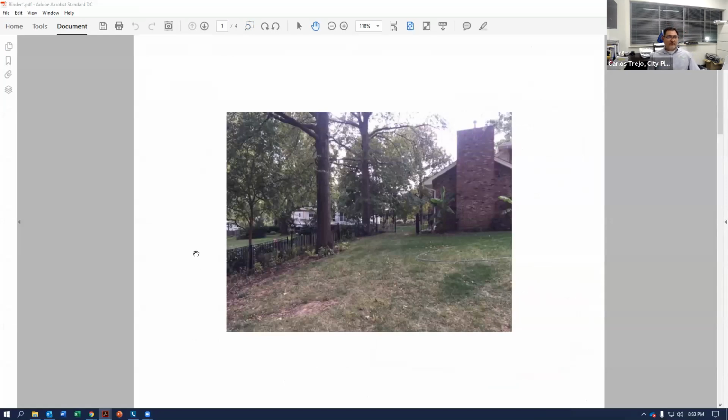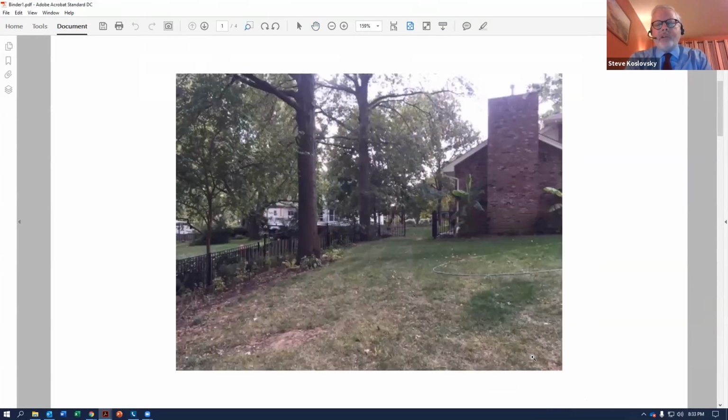There we go. Okay. So I've identified this as photo number 1. This is a view from the location of the current greenhouse and the proposed storage building, looking towards the back of the house and along the property line. You'll see on the left-hand side the house of the Lamores, who are the property owners who have no objection to this variance.